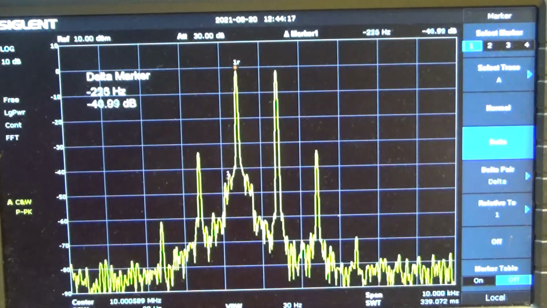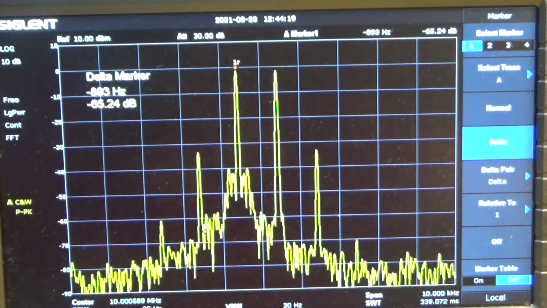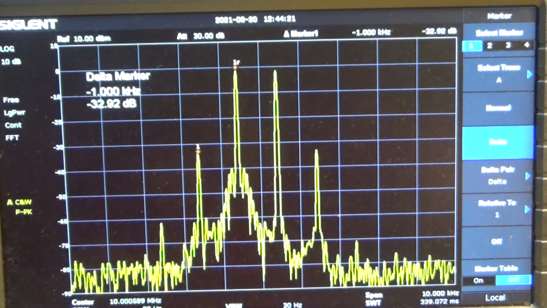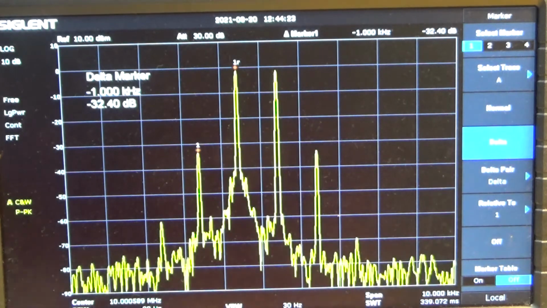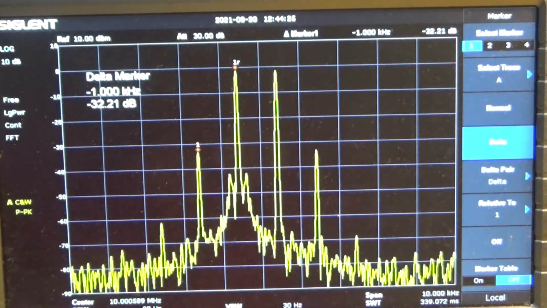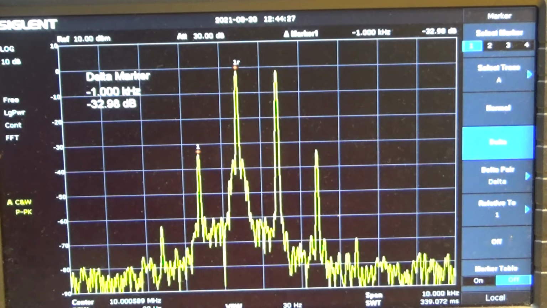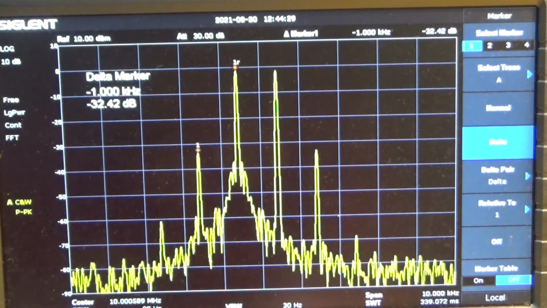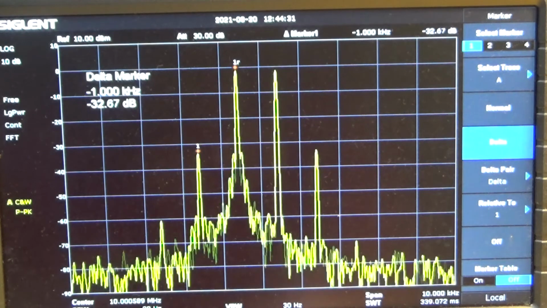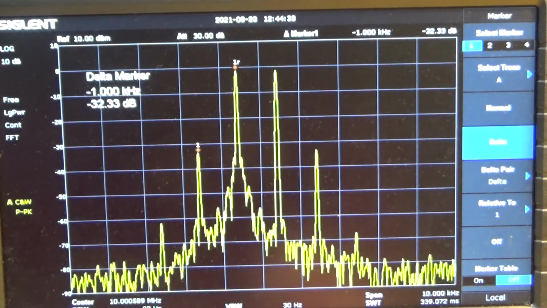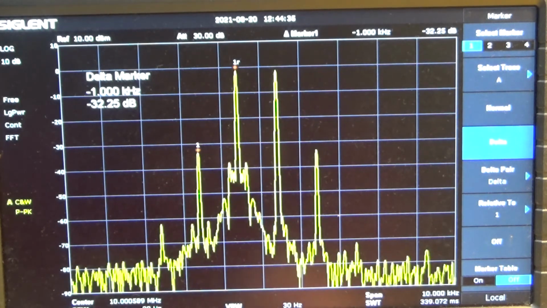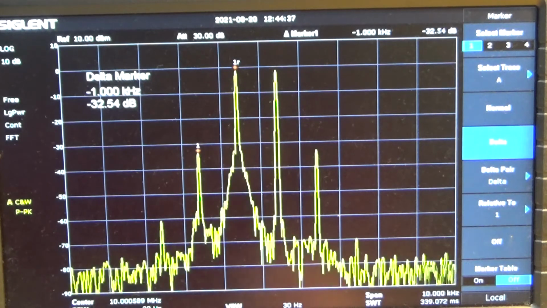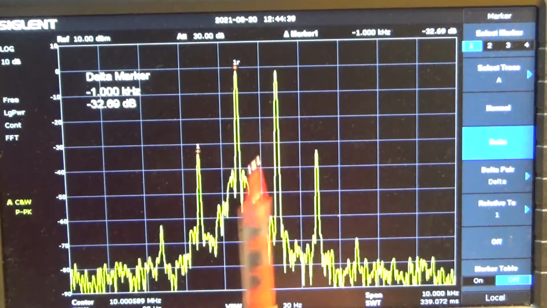So I go to this one down here. That'd be exactly 1 kilohertz away, and if I write that down, that is 32 dB down on the fundamental, or fundamentals. So it's a fair bit of signal.